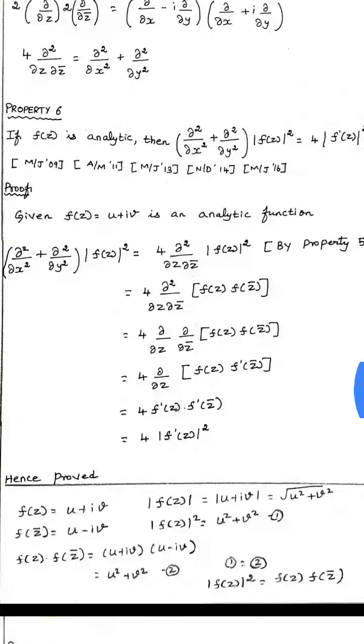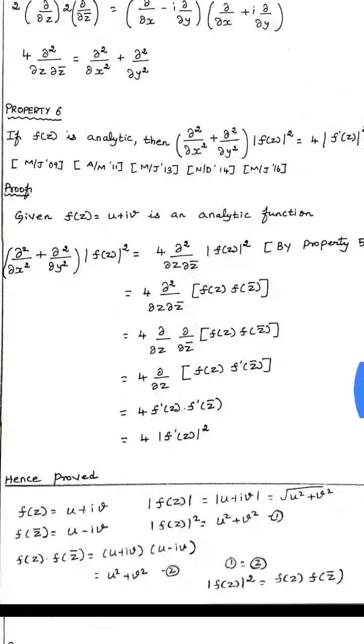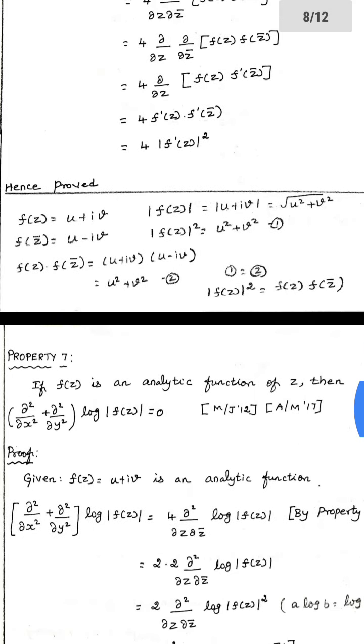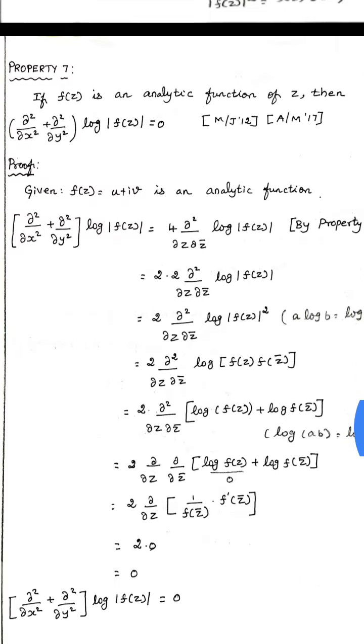This is property number 6. Listen, property number 6 they'll ask you in 8 marks. If you prove only this much they won't give you 8 marks. That is the reason I'm telling property 5 plays a major role here. So first you have to prove property number 5, then proceed with these things. Now we'll move to property number 7.